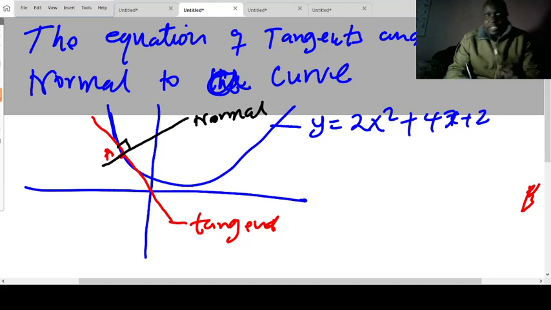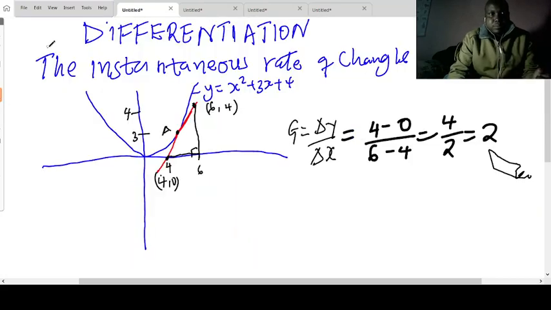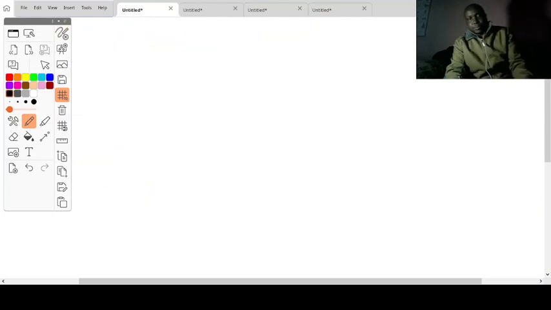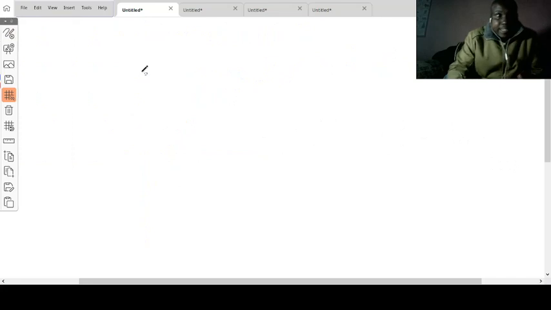Now that is the point. So let me go into the equation and do an example so that we can understand even better. Example 1.